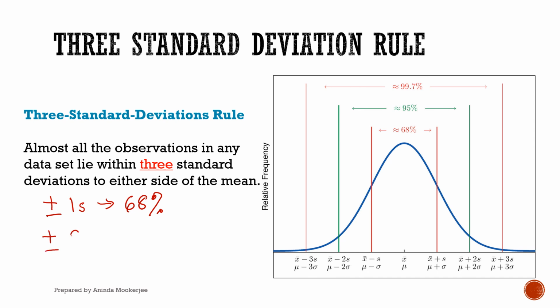Plus minus 2 standard deviations will encompass 95% of the observations, and plus minus 3 standard deviations will be 99.7%, which is, like I said before, almost 100% of the data observations within that range, within x bar minus 3s and x bar plus 3s. All right, s being the standard deviation.